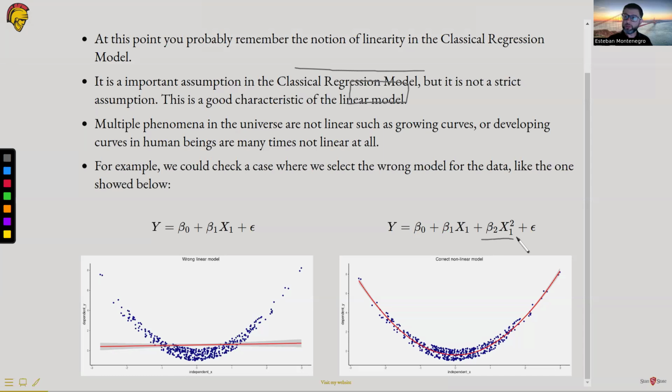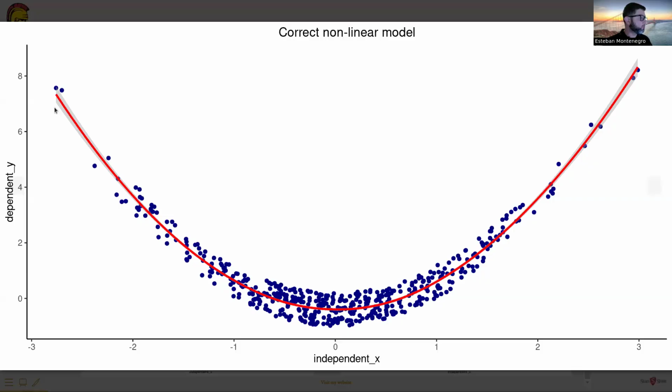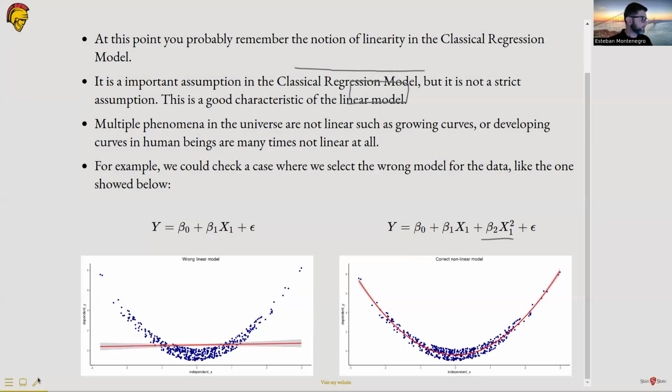So by doing that, what you are getting is a more flexible line. Look at this case. In this case, what is the difference? Well, the difference is that we added another term right here in the equation, which is something that we call a quadratic effect or quadratic term, right?